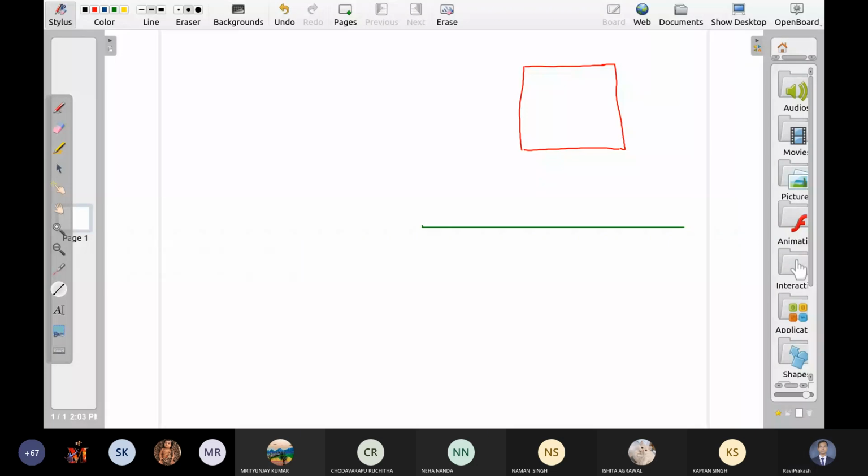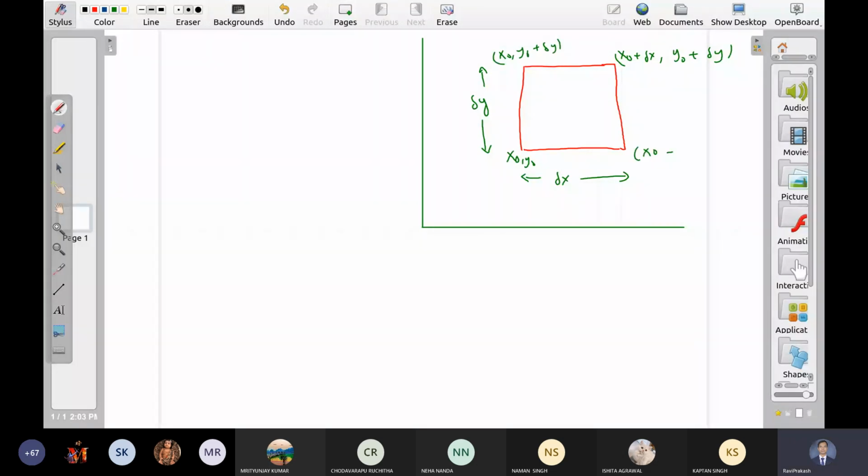Let us assume this is point x naught, y naught. This width is delta x, this width is delta y, and this is x naught plus delta x, y naught plus delta y. This is x naught, y naught plus delta y, and x naught plus delta x, y naught.